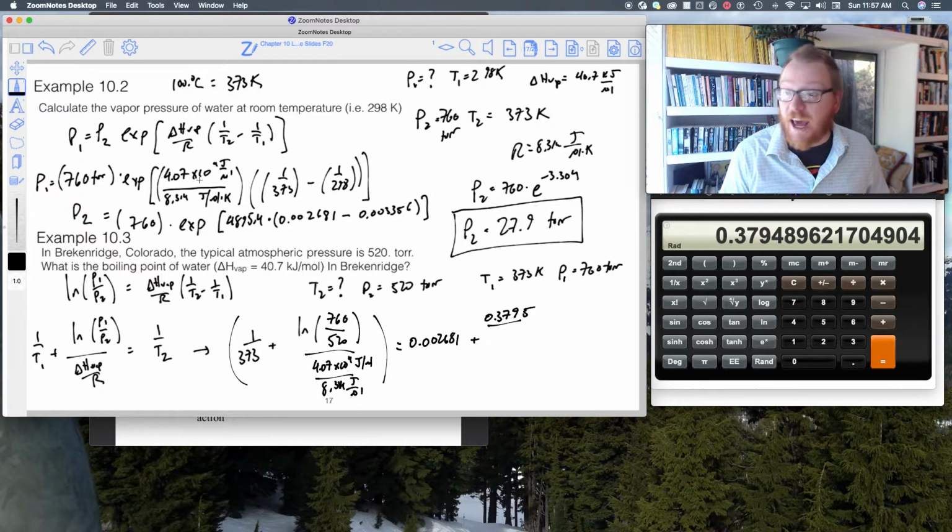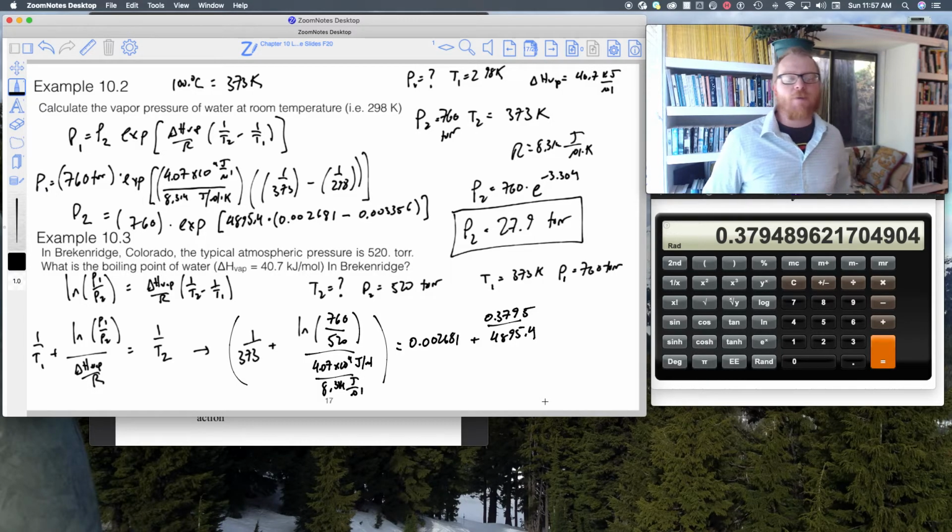And actually we did that already up here too, right? Up here, this 4.07 times 10 to the 4th divided by 8.314 was equal to 4895.4. So let's write that down there. 4895.4. And again, I've dropped the units to make this easier, but the units are going to be Kelvin when it spits this out.